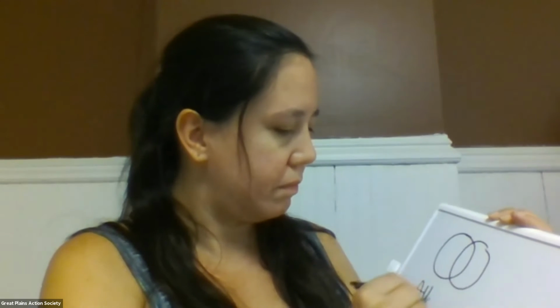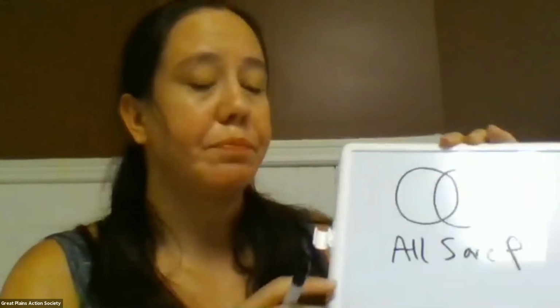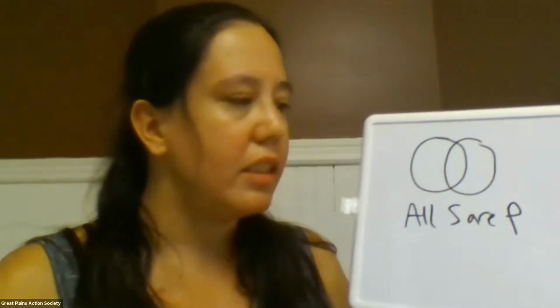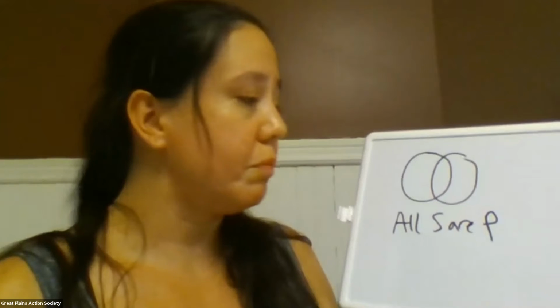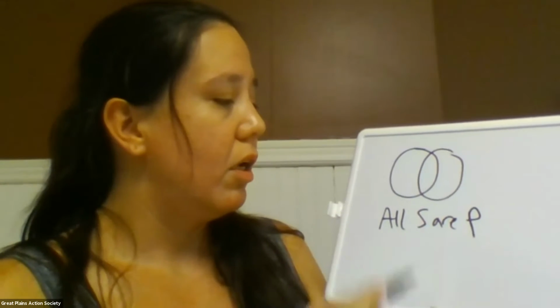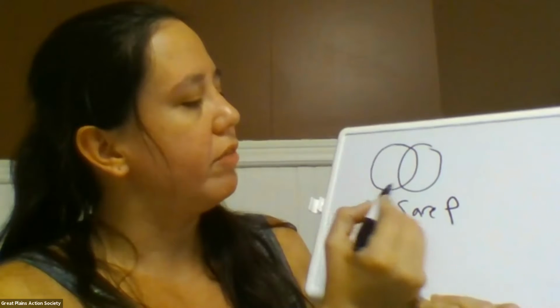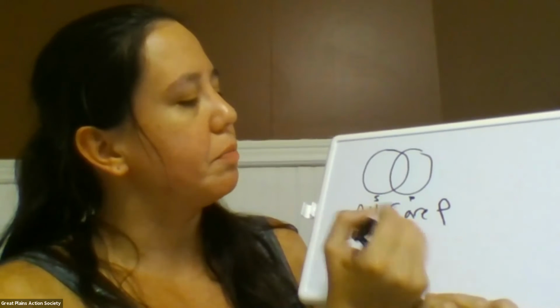With Venn diagrams, we're graphing categorical statements, and what we're saying is that all members of this group are in this group.